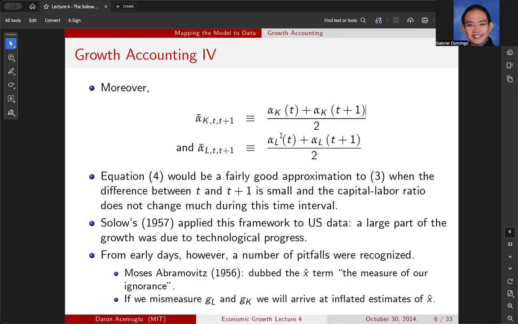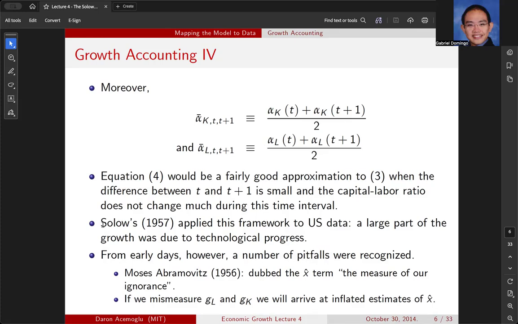So we will try to get an average over neighboring periods, T and T plus 1. Equation four is a fairly good approximation to the continuous time version when the difference between T and T plus 1 is small and the capital-labor ratio does not change much during this time interval. So there's a natural approximation happening when you're working with discrete time.